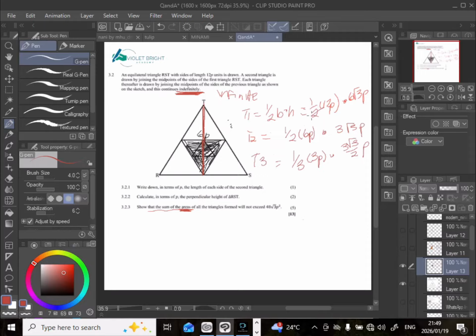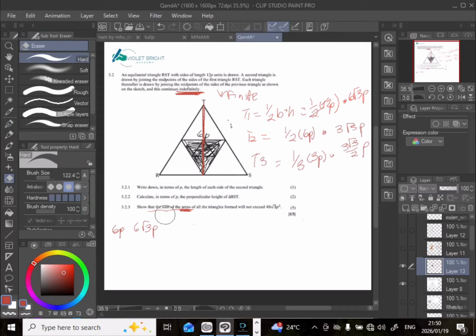Half base, we know here it will be 6p multiplied by 6 root 3 p. So 6 multiplied by 6 root 3 will be 36 root 3.